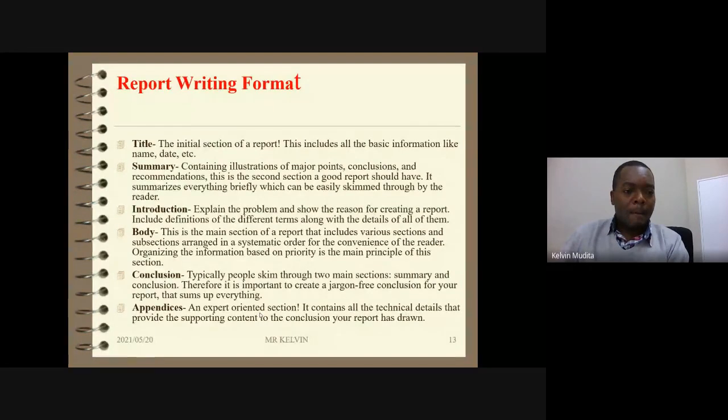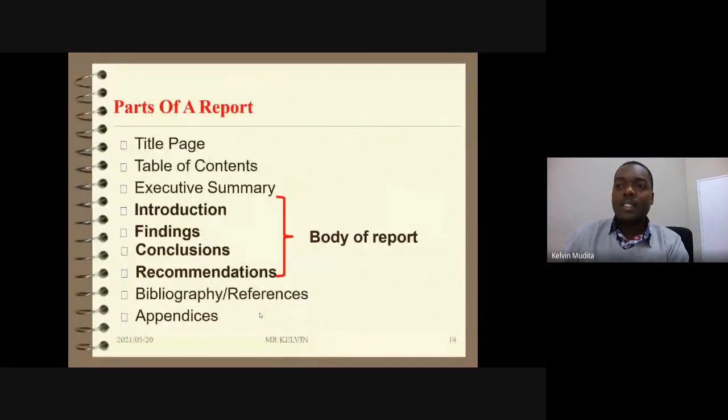But the technicalities are what is important. So here I just listed them in a simple format, where we have the body of the report, which is simply the introductions, your findings, and your recommendations.